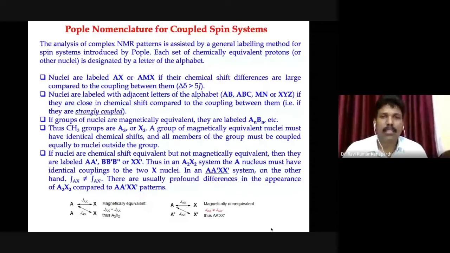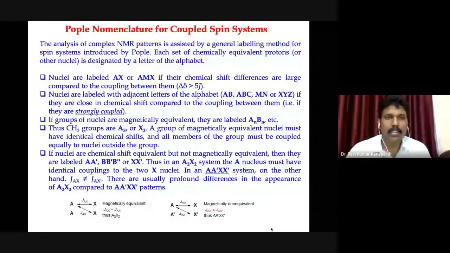What he proposed is very simple: each set of chemically equivalent protons is designated with a letter of the alphabet. That's the nomenclature of Pople.